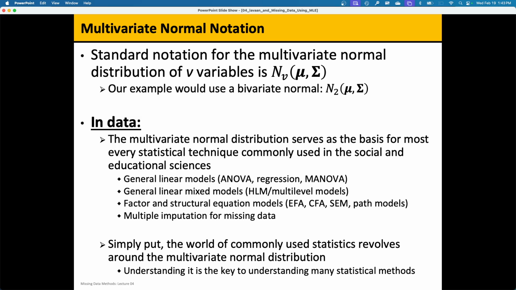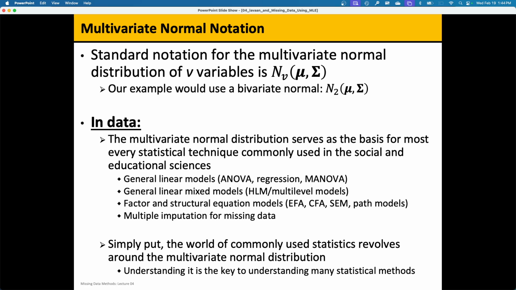Okay. So the multivariate normal distribution is literally the basis for almost everything that you do with continuous or plausibly continuous data. General linear models, ANOVA, and if you generalize ANOVA or regression to multiple outcomes, we used to call that multivariate analysis of variance. More recent iterations, recent being 50 years old, talk about mixed models, right?